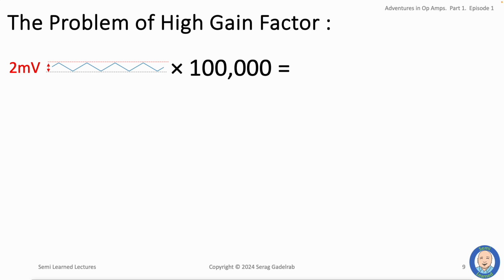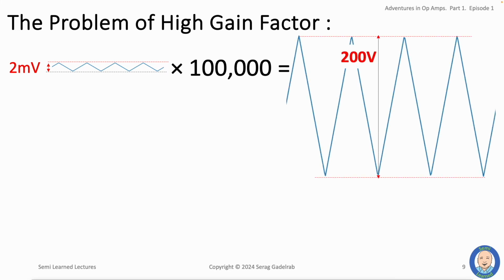Well, the 2 millivolt signal times 100,000 would theoretically give us a signal whose peak-to-peak amplitude is 200 volts. And that massive output voltage would be due to a very, very small 2 millivolt input signal. What if the input was a more respectable 20 millivolts? In that case, the theoretical amplitude of the output signal would be an even more dangerous 2,000 volts.